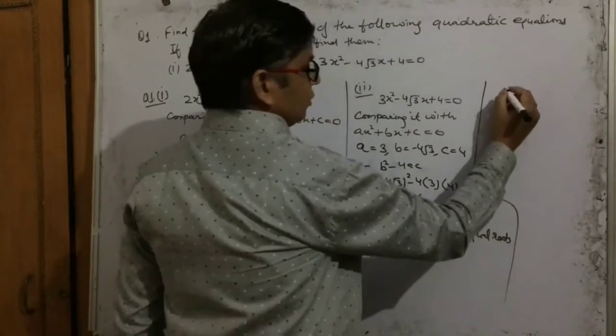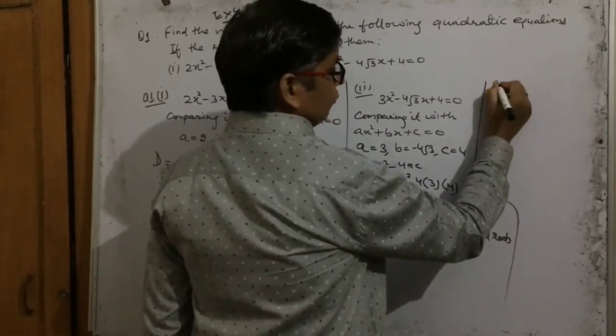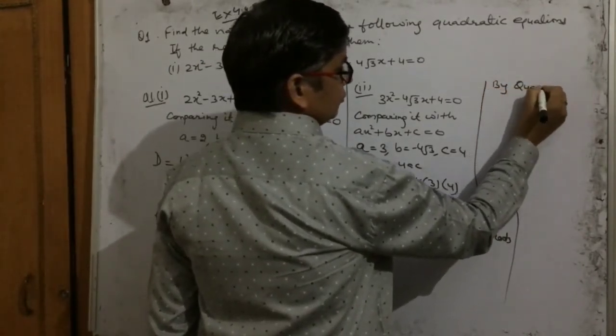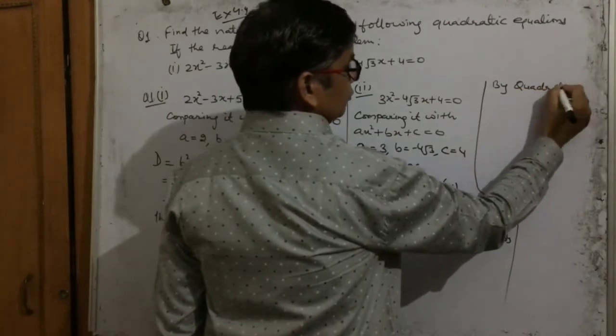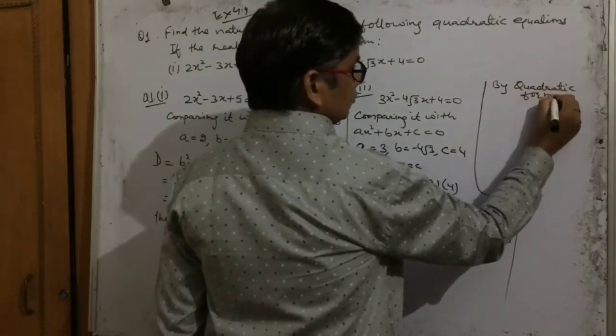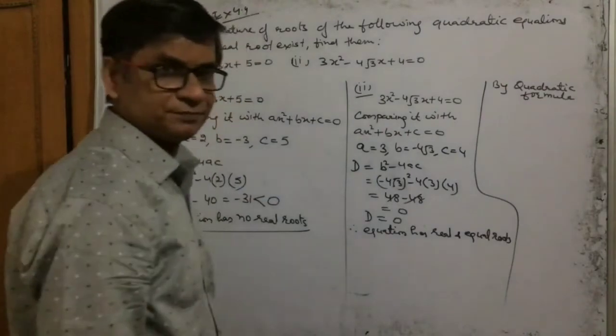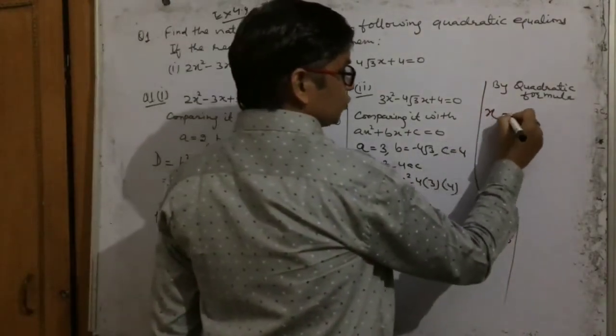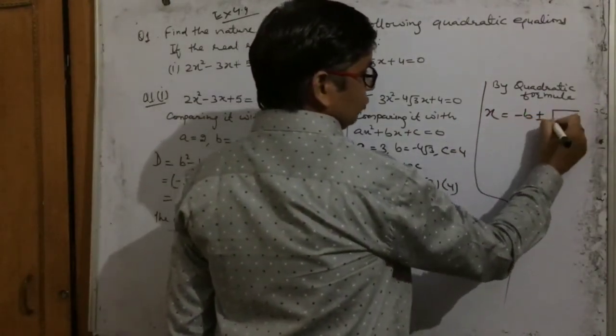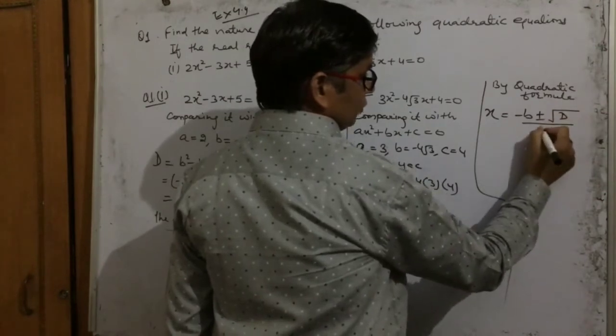Okay. Now by the quadratic formula, x equals minus b plus minus under root D upon 2a.